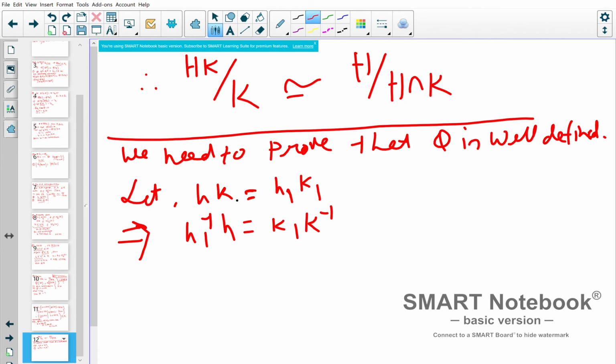From there I can write it down. So you check that this element is already inside H, but it is also inside K. This is inside H intersection K.